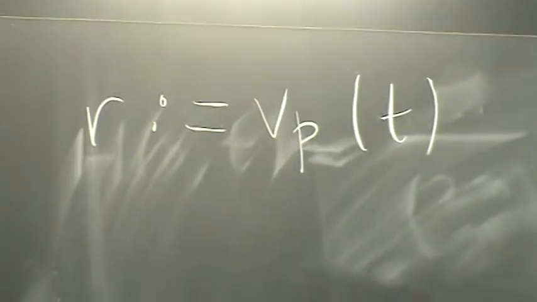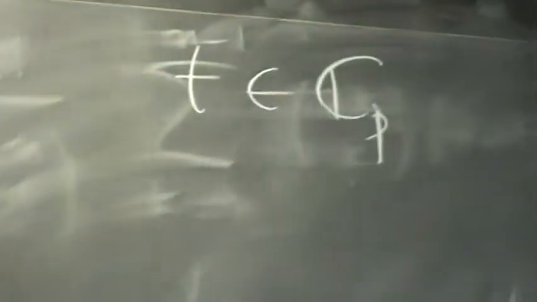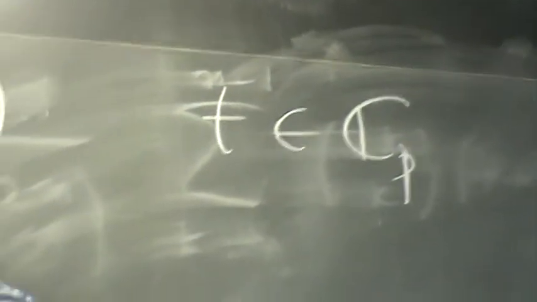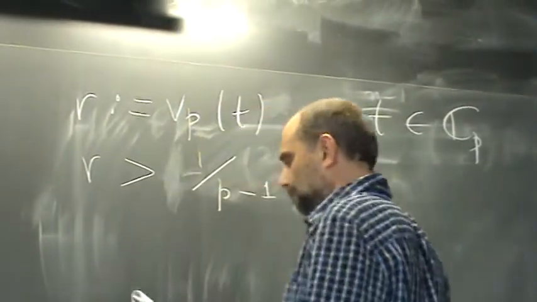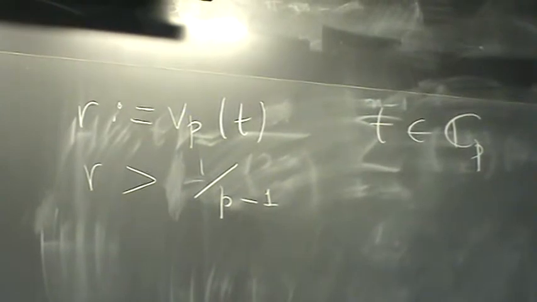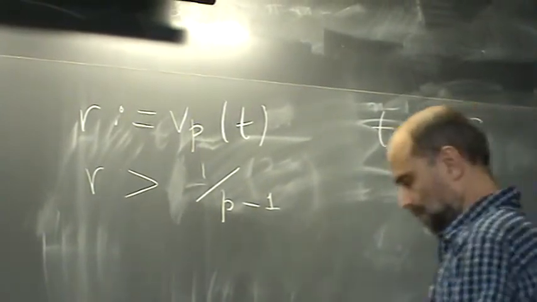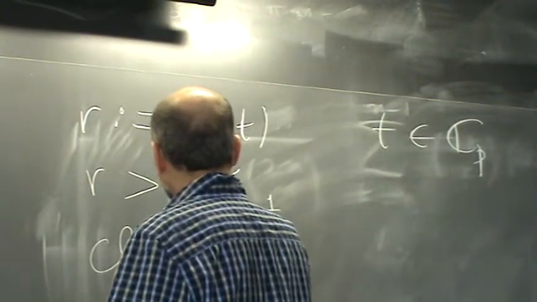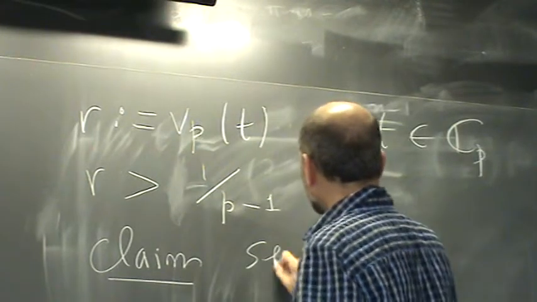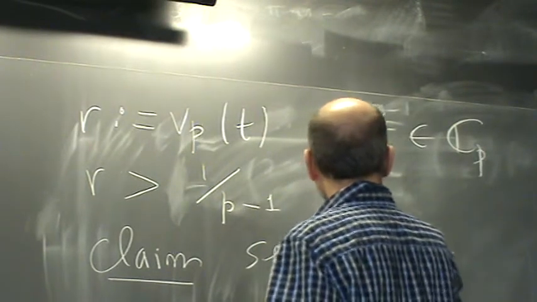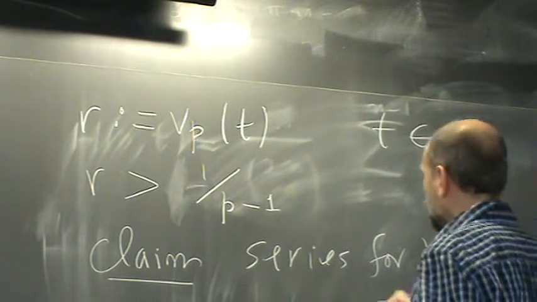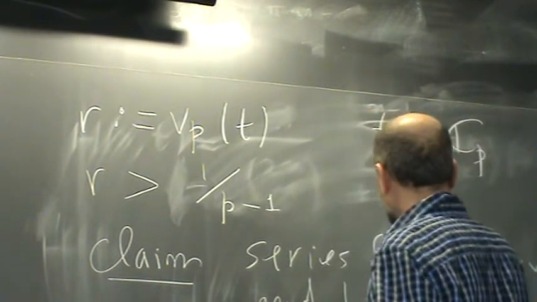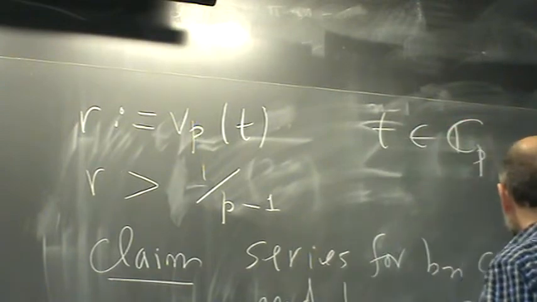If r is bigger than 1 over p minus 1, I claim that the series for Bn converges, and in fact Bn goes to 0 as n goes to infinity.